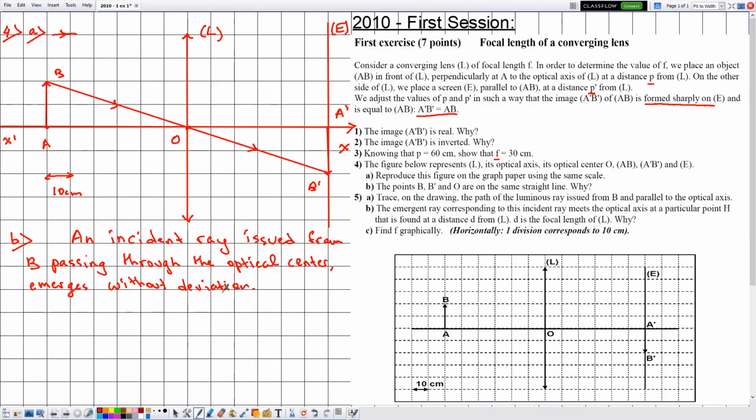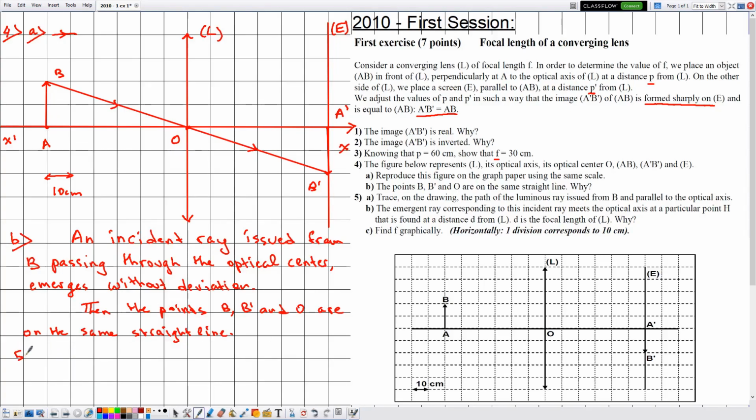For this reason, the points B, B prime and O are on the same straight line. Okay.